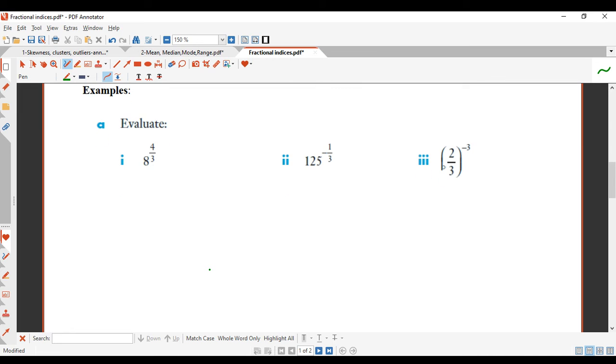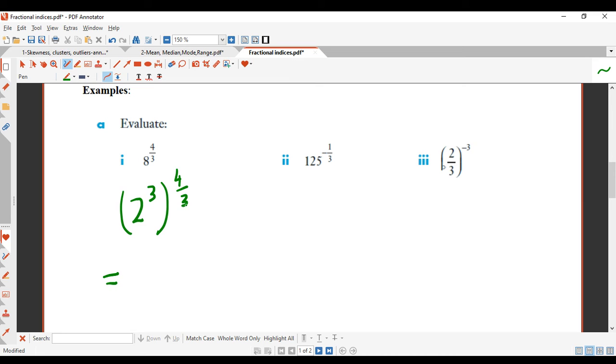All right. Now let's have a look at these. Try and do these without a calculator. Now you could use your index laws to work these out. I think it's going to be easier not to involve thirds here. So I'm going to do it this way. I'm going to write 8 as 2 to the power 3, and this will be all to the power of 4/3.